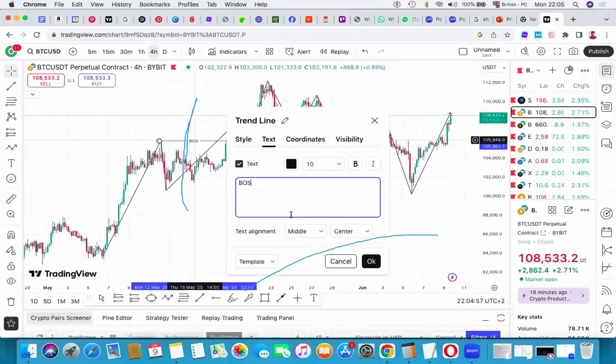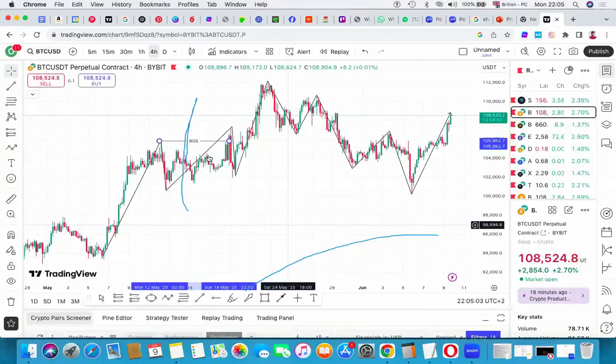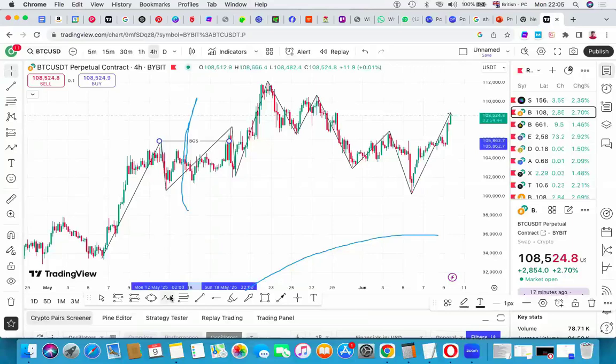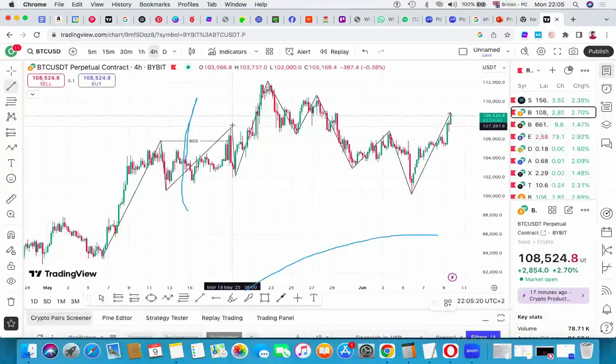For you to be able to write on your trend line, you just double click it, and it's going to allow you to write on it. So now I keep my trend line again, and we have another break of structure around here.